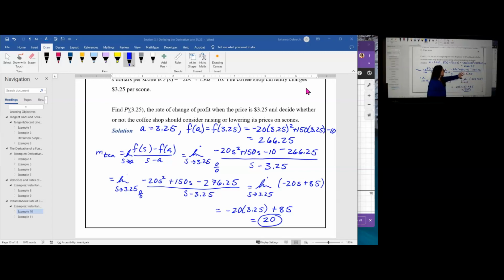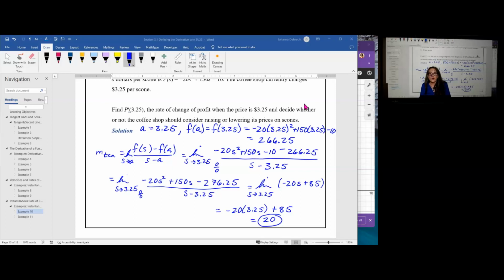When I combine these and try to substitute $3.25 for the price, I get 0 over 0. When I combine them together, I still have 0 over 0, of course, since it's essentially the same. But I'm guessing that this means that s minus 3.25 must cancel. That means that it must divide it evenly.